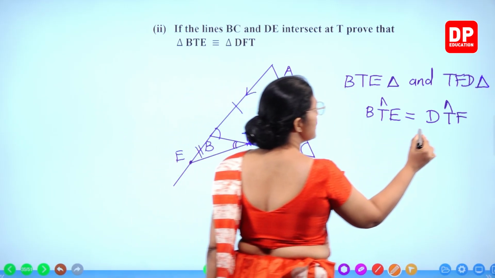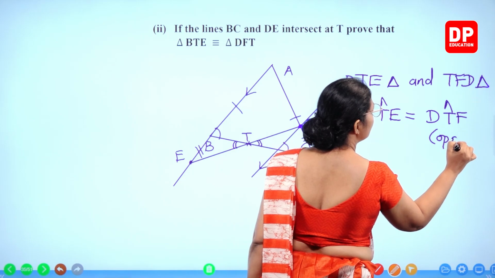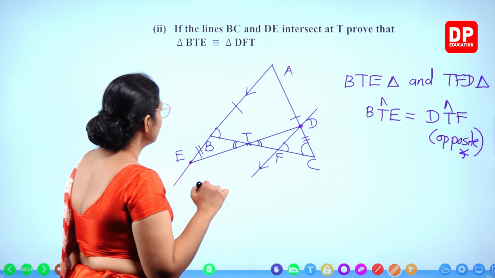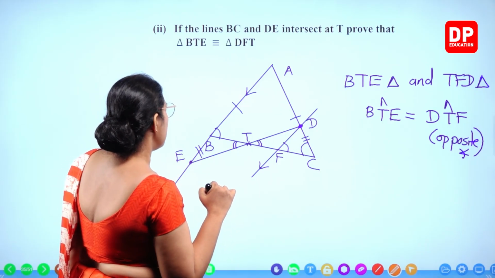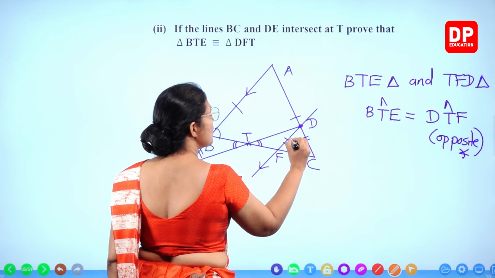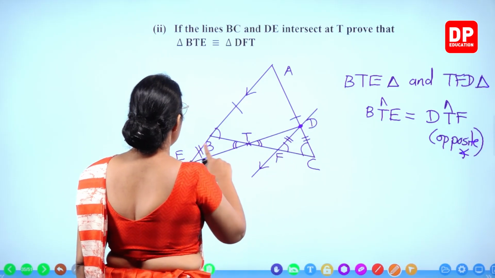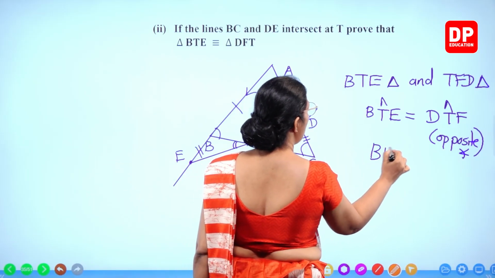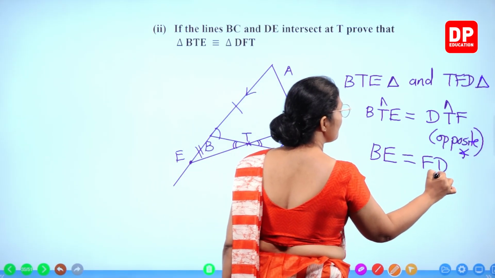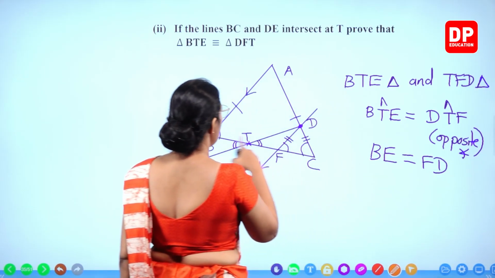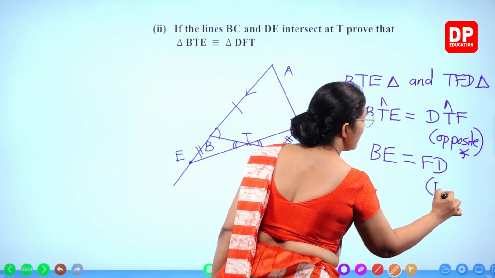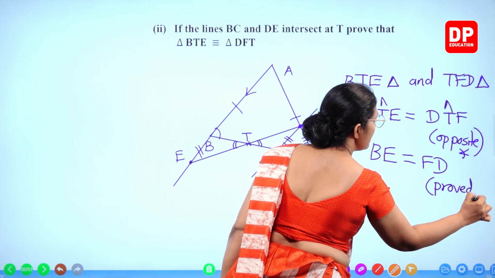DTF, that's opposite angles. What else can we say? We found from the previous part, this side is equal to this length. So that means EB or BE is the same as FD, because we proved that these two are equal in the previous part.